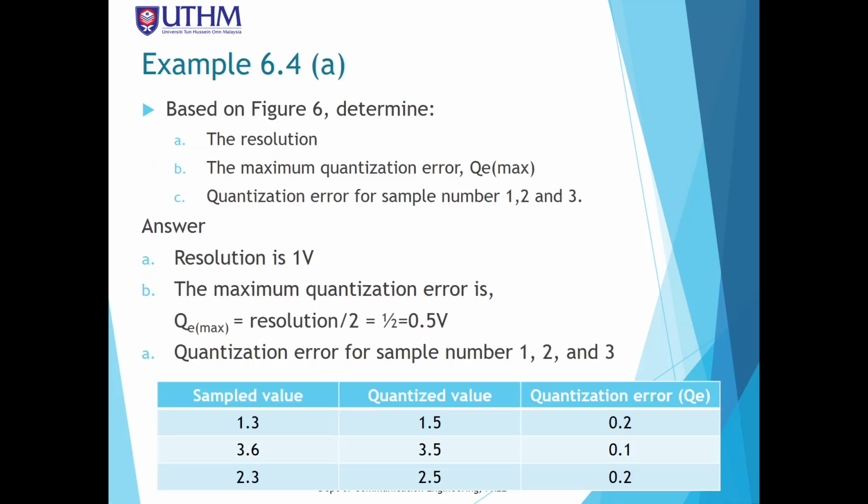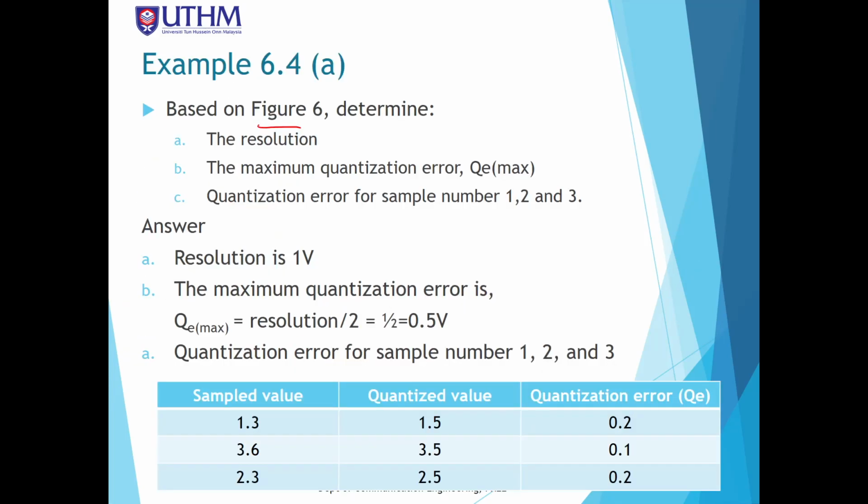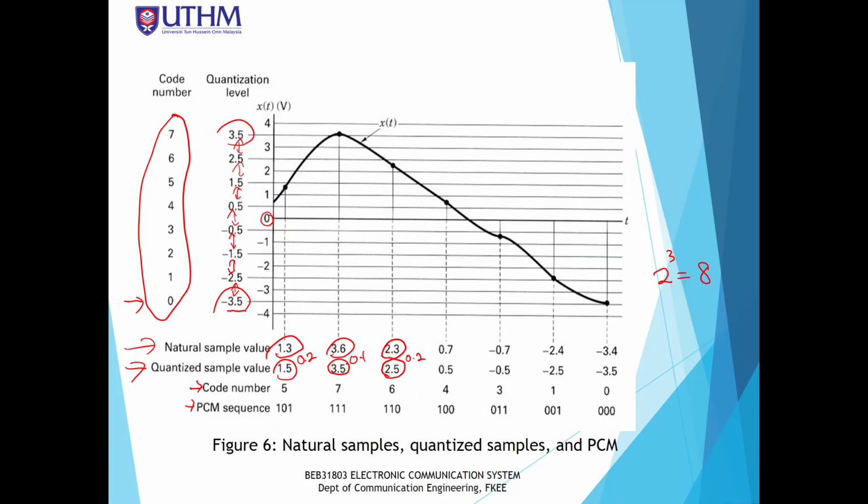We have seen this example, so let's go through it. This is based on figure 6, which is this one. Based on this figure, figure 6, we can see that the resolution is equal to 1 volt in this example, the distance between each quantized level.